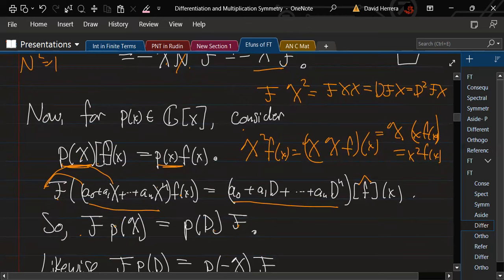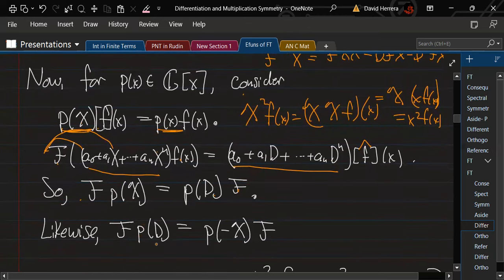Basically, every time you have an x, it comes over and it turns into a d. Conversely, if you have a polynomial in d on the right-hand side, every time a d comes over, it turns into a negative x. So I get a P of negative x. Just like if I had the Fourier transform of d squared, then it's Fourier d d. Every time a d comes over, it turns into a negative x.